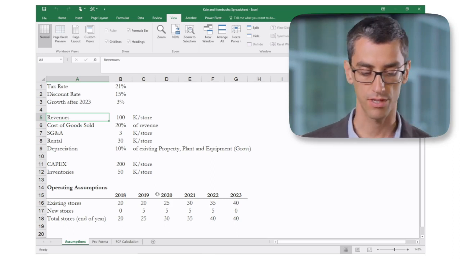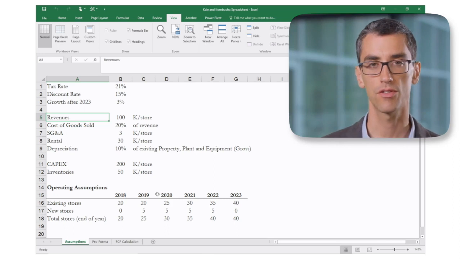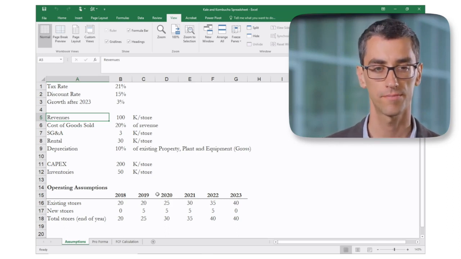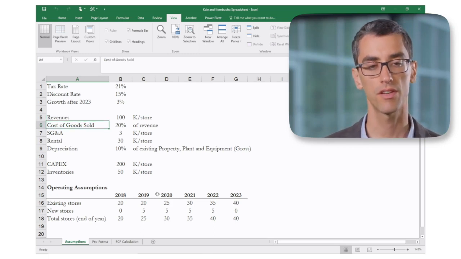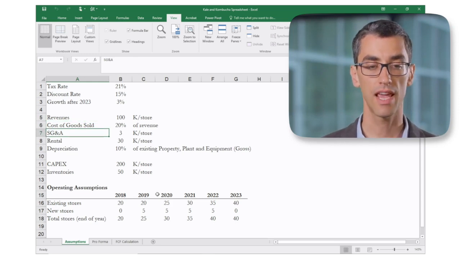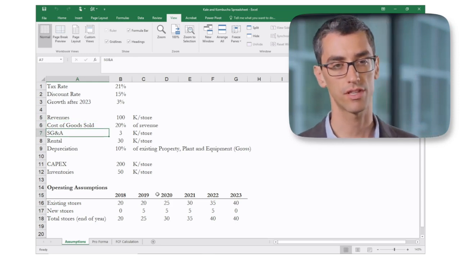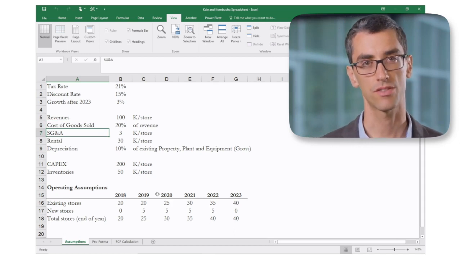So the first assumption is that the revenues are $100,000 per store per year, and that the cost of goods sold is 20% of that revenue. Then we have sales, general, and administrative expenses of $3,000 per year.